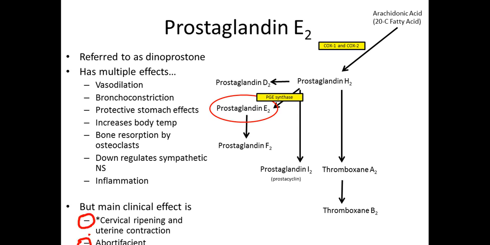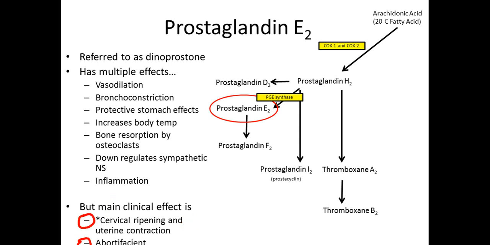So if you have a woman who is 41.5 weeks into her pregnancy, remember a normal pregnancy is 40 weeks, so she's past her due date and she wants to deliver the child. What you can do is you could give this prostaglandin E2 analog or a prostaglandin E2 drug, and it'll promote cervical ripening and uterine contraction to hopefully induce labor.